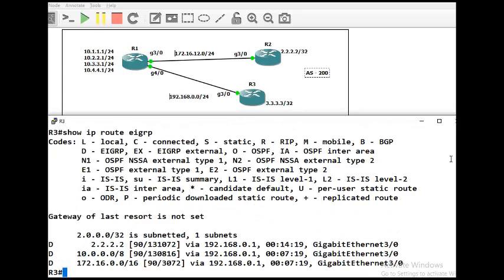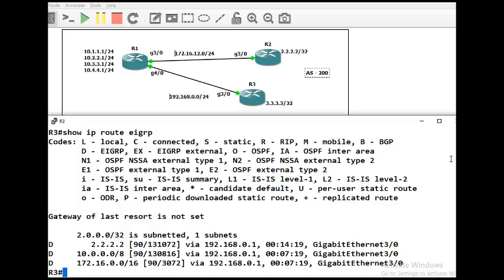Both router 2 and router 3 have got summary routes, isn't it? Yes, sir. For some reason, I don't want the summarized route in R3. You understand what I'm saying? I do not want to see the summary route. I want detailed routes on R3, but in R2, summary routes.